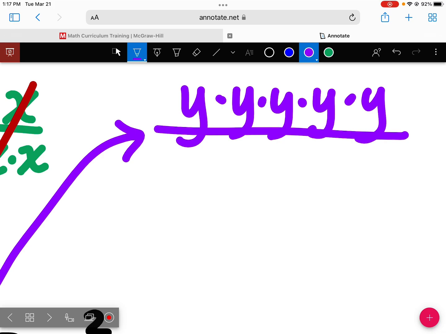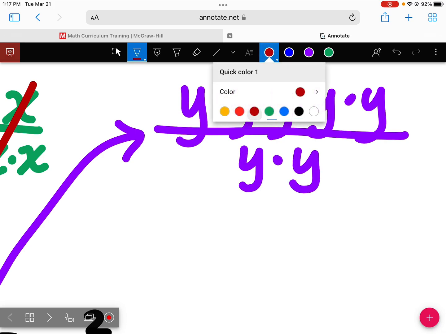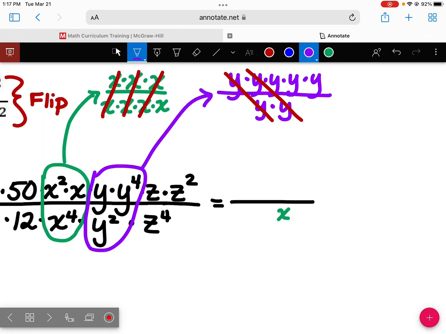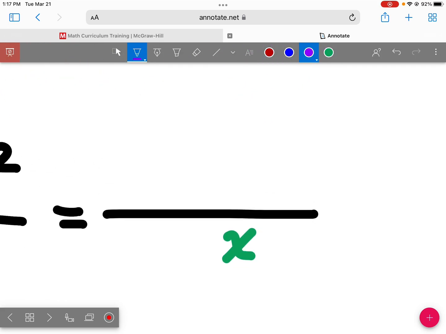Yep, y squared, y to the 2nd, y times y. Is there anything identical top and bottom? Yes, I can cancel out any pieces that are identical. So I can cancel out 2 of those y's. Which means I have what left over? 3. So would that be y to the 3rd? Top or bottom? Top. Y to the 3rd.